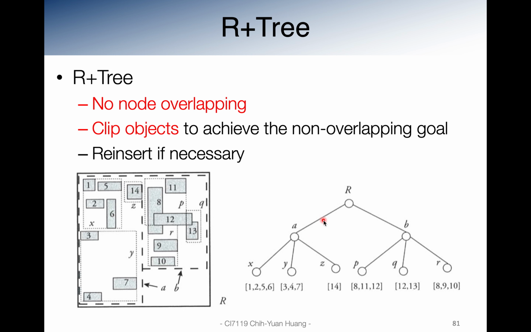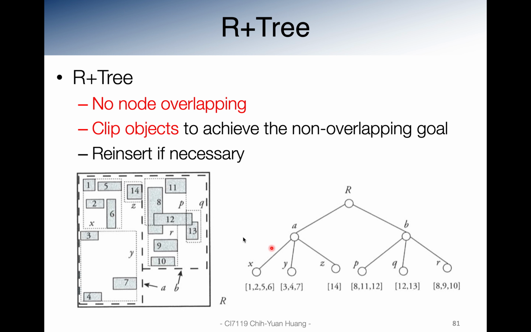So if there's no node overlapping, then point queries can be supported by having only one single path from the root to the leaf node. So the query performance for the point query can be largely improved.